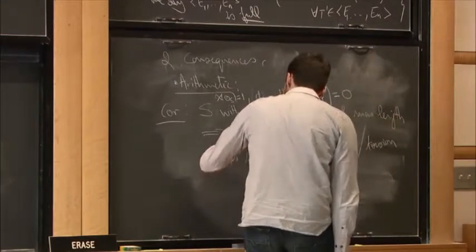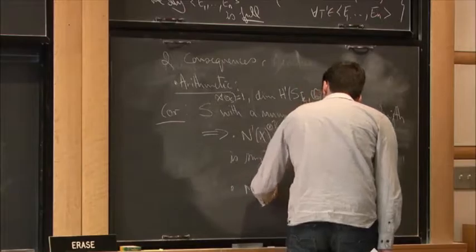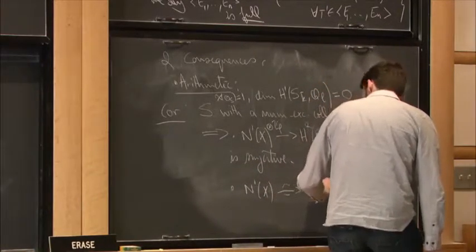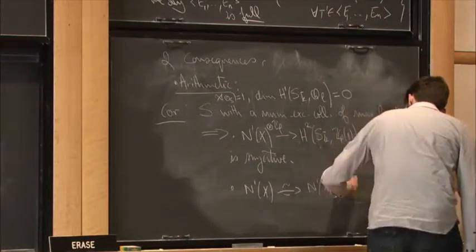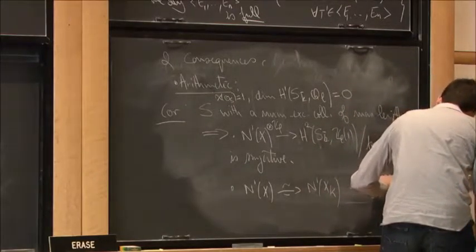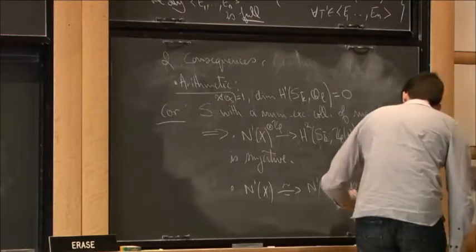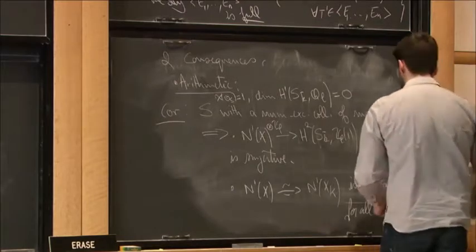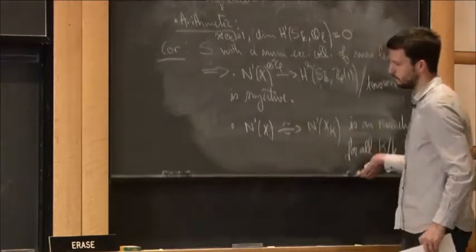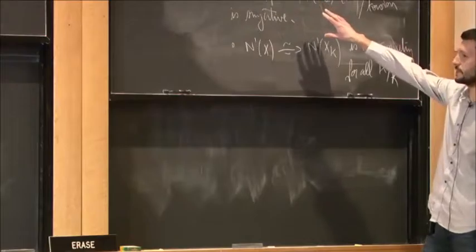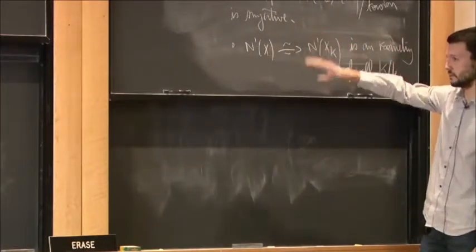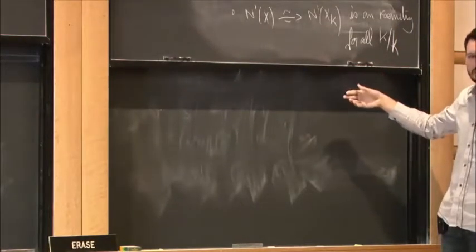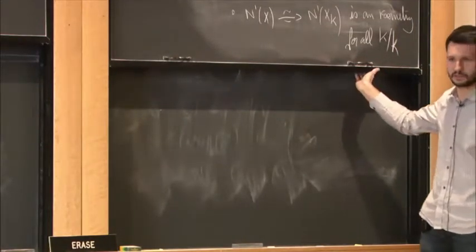Or you could also find that N1 of X under base change is always an isometry. So what this corollary says is that basically on the surface, a numerically exceptional collection which is of maximal length remains of maximal length after any field extension.